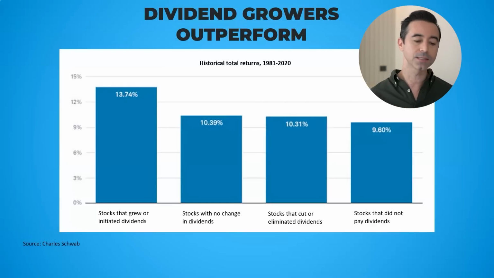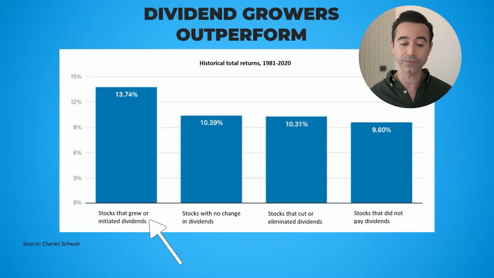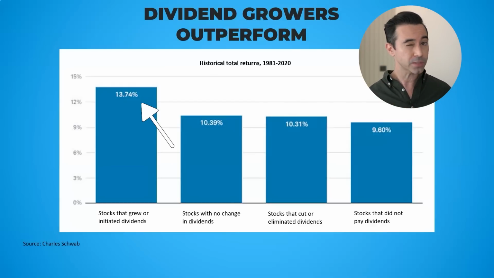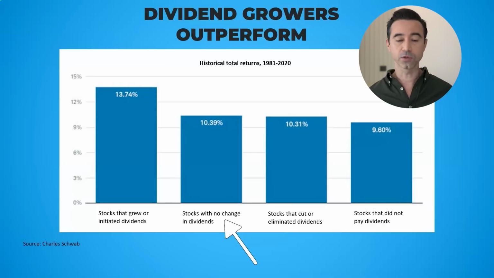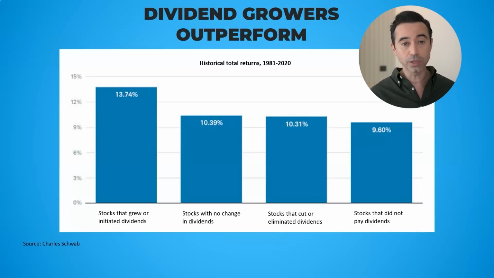It's showing us that stocks that grew or initiated dividends had a return of 13.74% annually over that time period, whereas stocks that didn't change their dividend, so they didn't grow their dividend, or they cut their dividend, had a lower return, and stocks that didn't have any dividends at all had actually the lowest return out of all these stocks. So we could see higher dividend growth is actually good for these stocks.